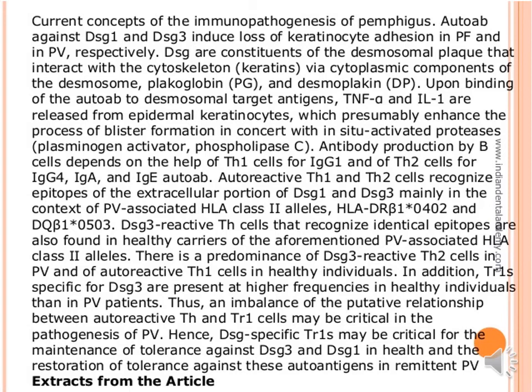Thus, an imbalance of the relationship between autoreactive Th and Tr1 cells may be critical in the pathogenesis of PV. Hence, DSG-specific Tr1 cells may be critical for the maintenance of tolerance against DSG3 and DSG1 in healthy individuals and for the restoration of tolerance against this autoantigen in PV. Extract from the article.